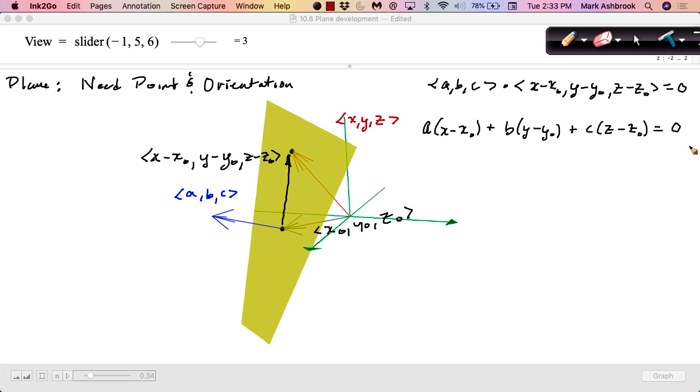You multiply like components and add. The dot product shows that those two vectors are perpendicular. This vector is always in the plane, or parallel to the plane, and this is always orthogonal to the plane. So those are always orthogonal, and the dot product is 0.